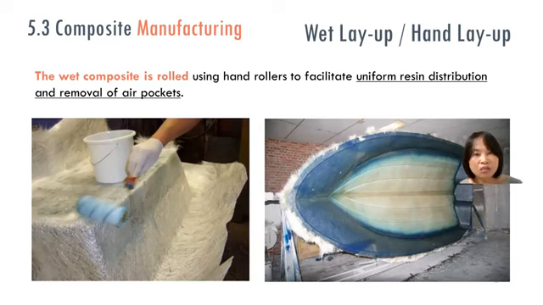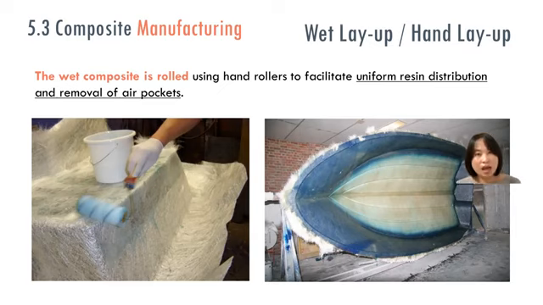And this hand roller is actually really helpful to make the resin distribute everywhere uniformly, the same everywhere, and also remove air pockets or air bubbles from the fiber or from the composite product, because they would be a defect or weak point, not good.